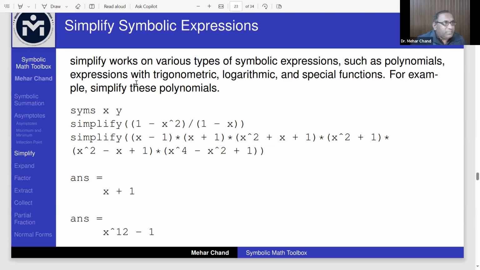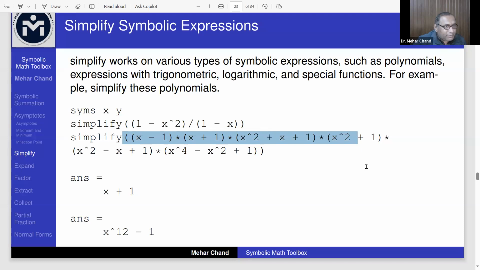The simplify function works for various types of symbolic expressions such as polynomial, trigonometric functions, logarithm, special functions, etc. As you can see, we have the symbolic variables x and y. Then simplify for 1 minus x square upon 1 plus x. There are two examples, and the other is this one.